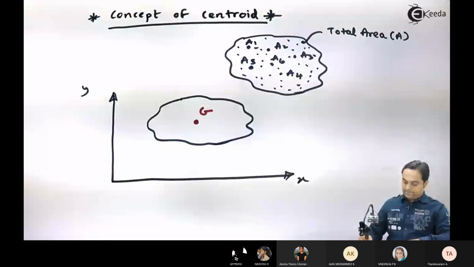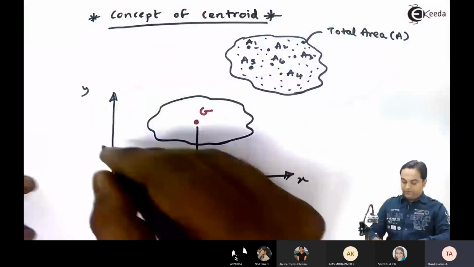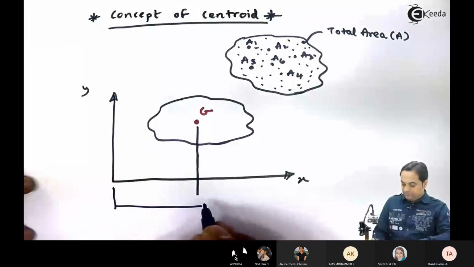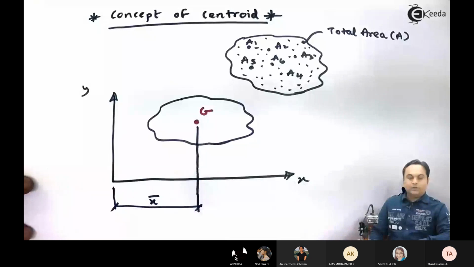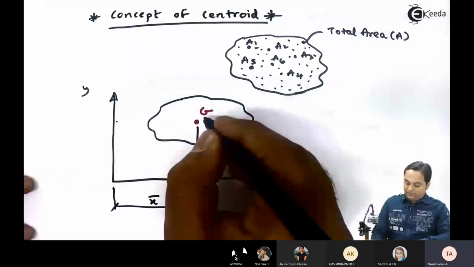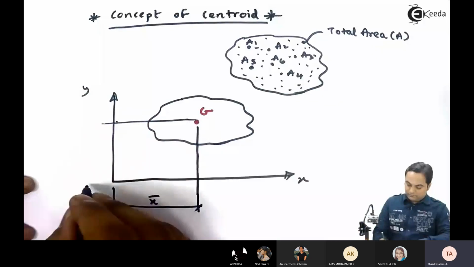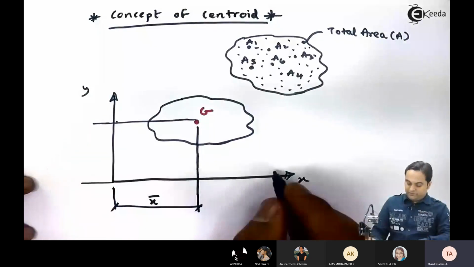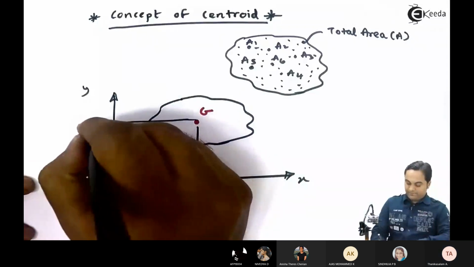and the location of the centroid with respect to the y-axis is x bar, and with respect to the x-axis, the distance of the centroid is y bar.